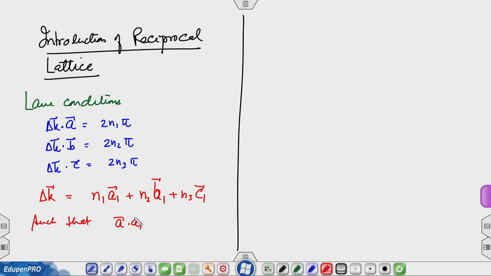a dot a 1 is equal to 2 pi, b dot b 1 is equal to 2 pi and c dot c 1 is equal to 2 pi.